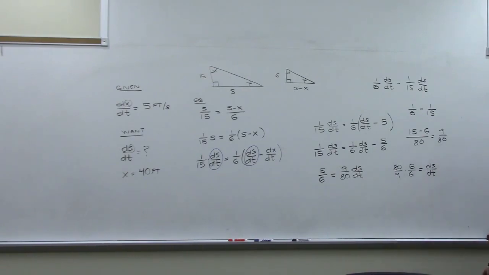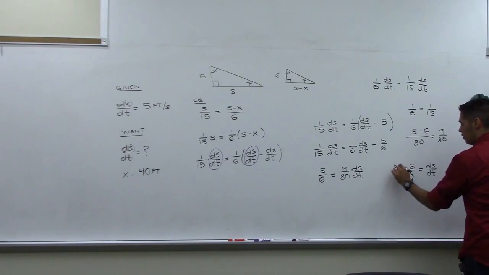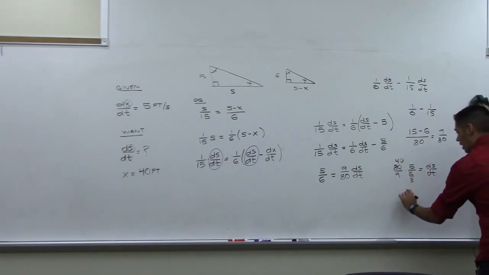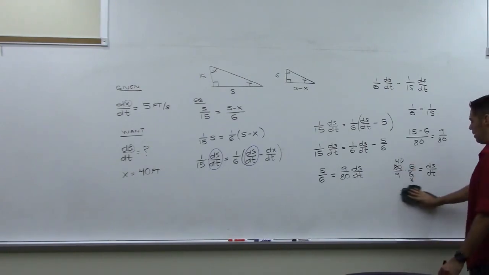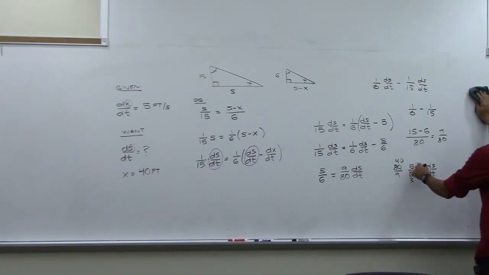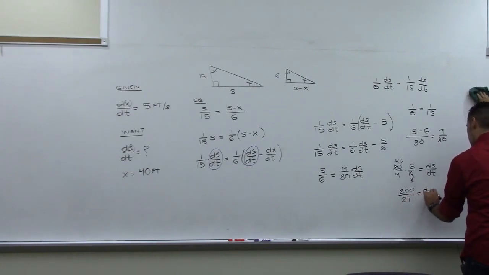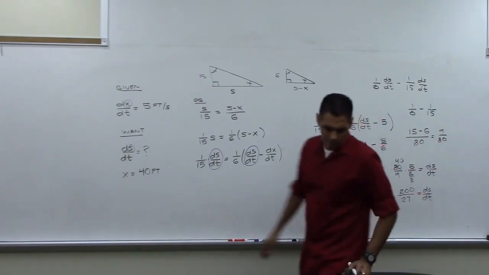And I know that cleans up. 2 goes into there 3 times, and 2 goes into there 40 times. So 45, 90 over, wait, why did I say 90? My goodness. 200 over 27 equals ds/dt. Something doesn't look right here, but let's see here.